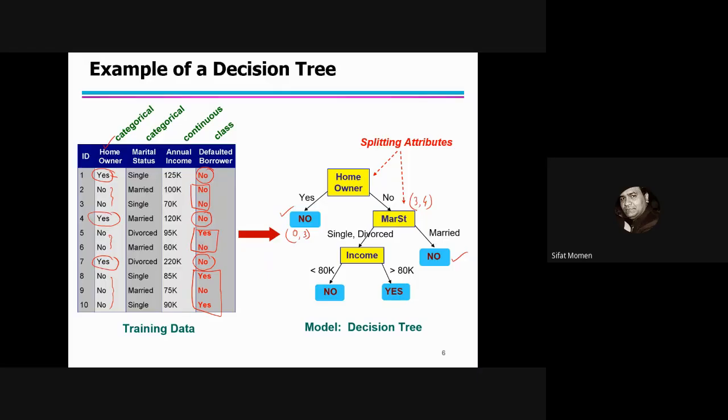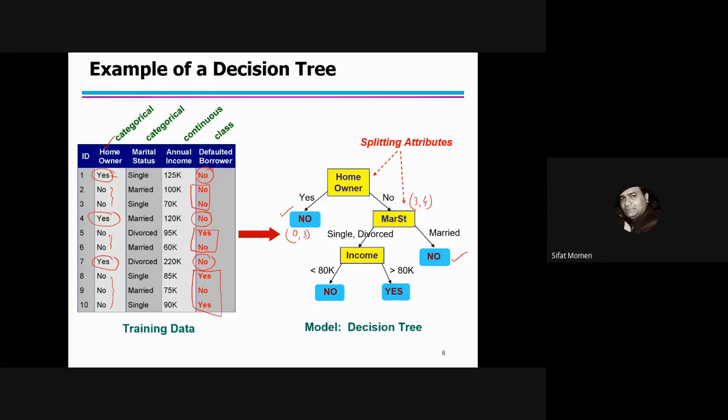That's altogether 7. Is that okay? Yes, sir. Since it's 3 yeses and 4 no's, I cannot say yes or no to anybody. It's more or less equally balanced, so we need another splitting attribute. The splitting attribute we have now used is marital status.